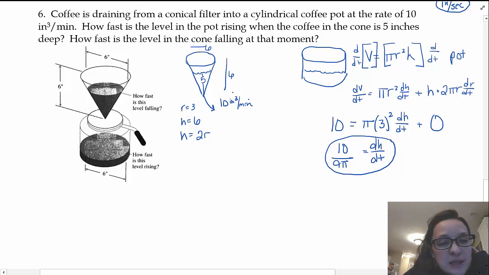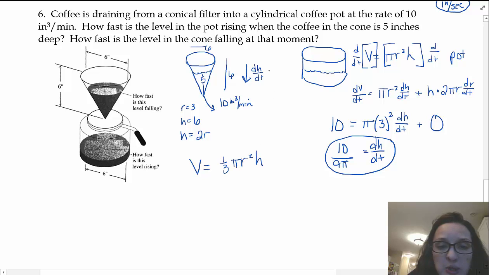Okay, so I have that, and it says then, how fast is the level in the cone falling? So I want to know what dH dt is over here. So the volume of the cone is 1/3 pi r squared h. I want to be in terms of h, so I'm going to write this as r equals h over 2.